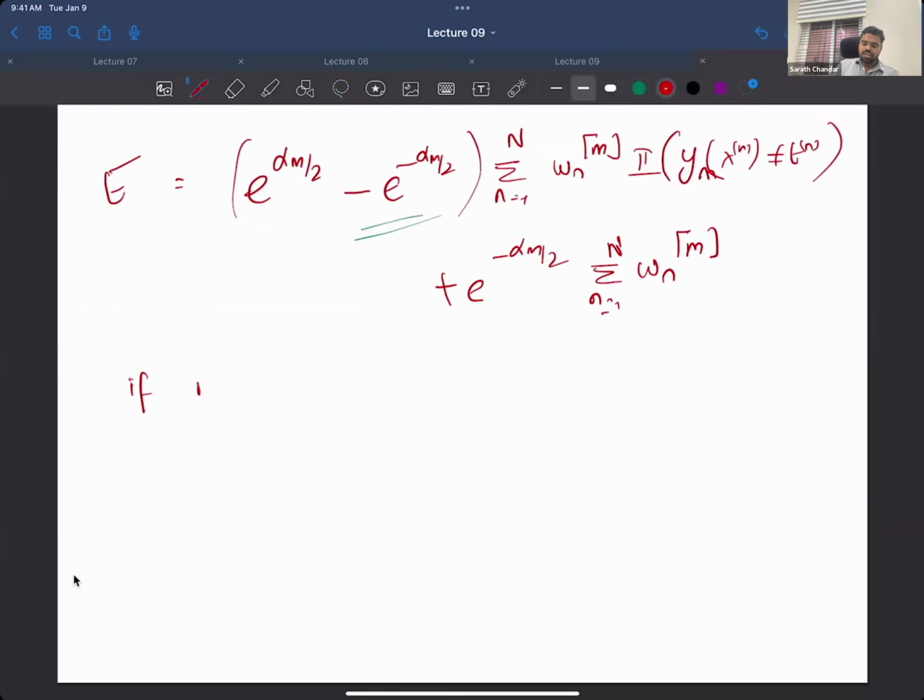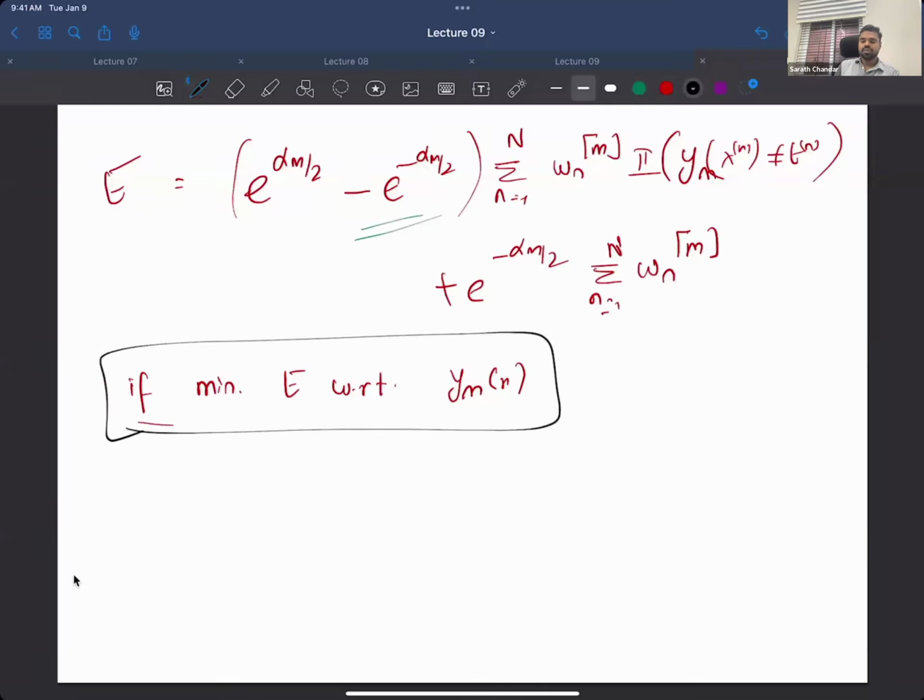If I want to minimize this error function with respect to ym of x, now look at the error function. The second term that you see here is actually not a function of ym of x. So when I'm minimizing with respect to the parameters of ym of x, I can just ignore the second term.